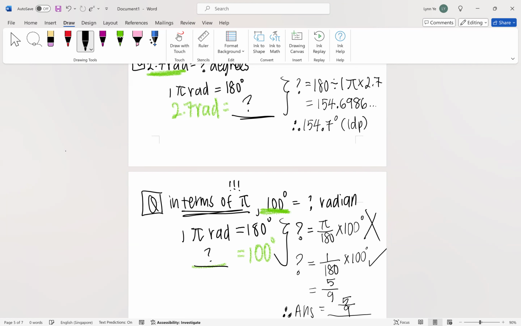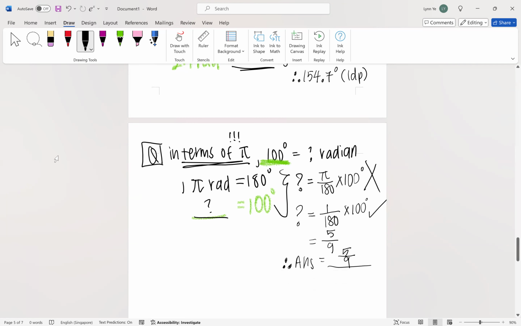If your answer is 5/9, it's wrong. You need a pi. You can put a pi in the middle, and that will be correct. A lot of students get this kind of question wrong, even though it looks very simple.